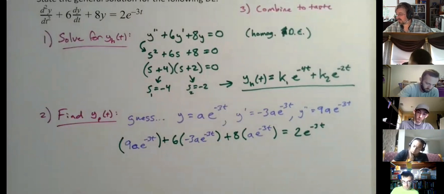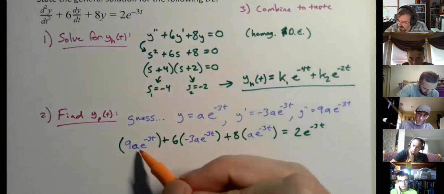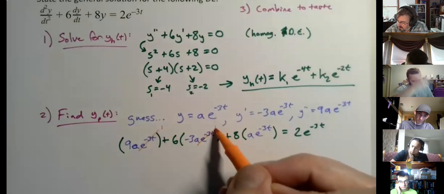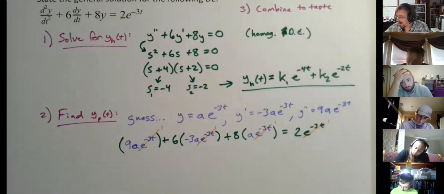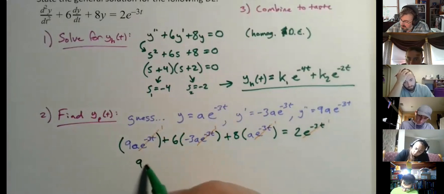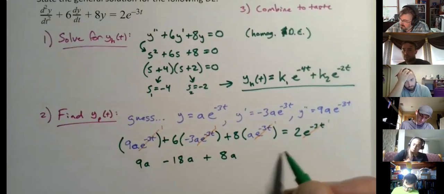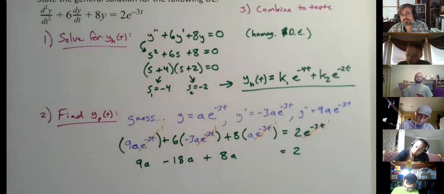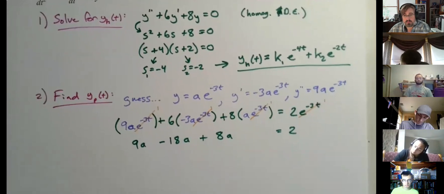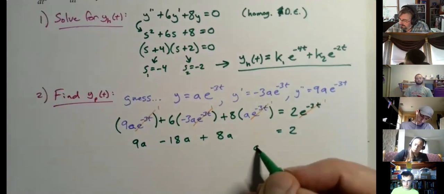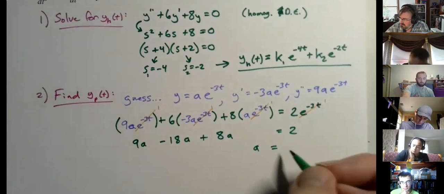Now, because we guessed something that has e to the minus 3t and it's an exponential, we can just kind of wish these away. Each one of those e to the minus 3t just goes bye-bye, and we're left with 9a minus 18a plus 8a equals 2. So tidy up the left-hand side, and you wind up with a equals what? So this is -2. Yeah, -2.